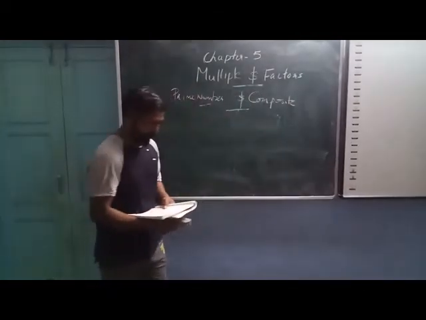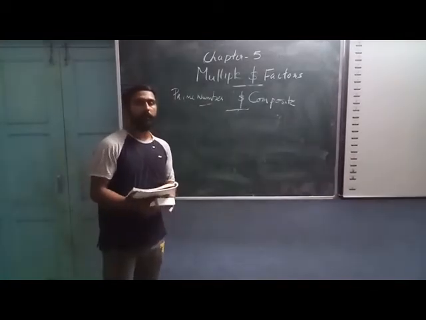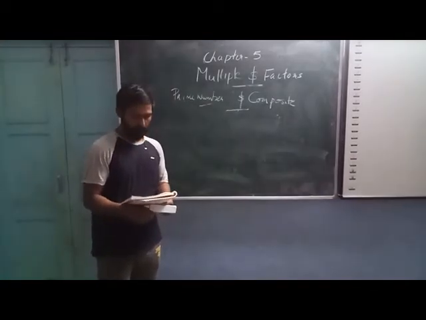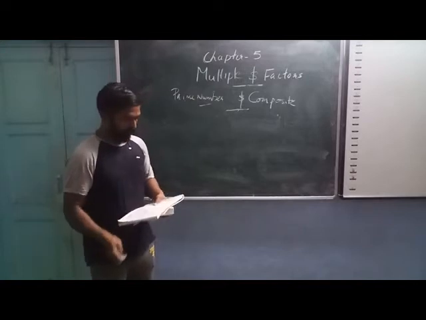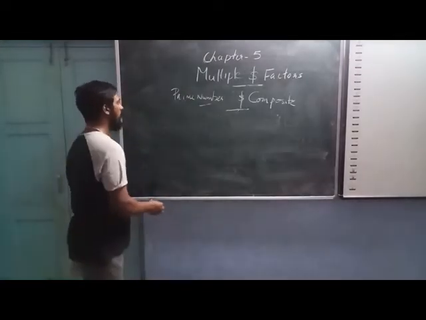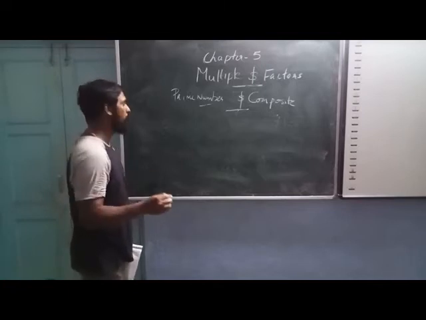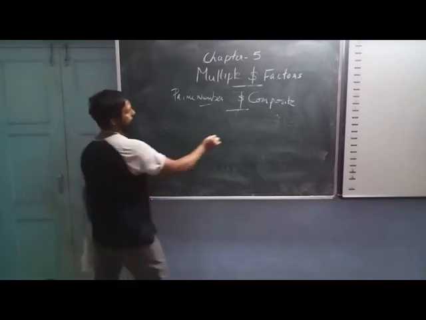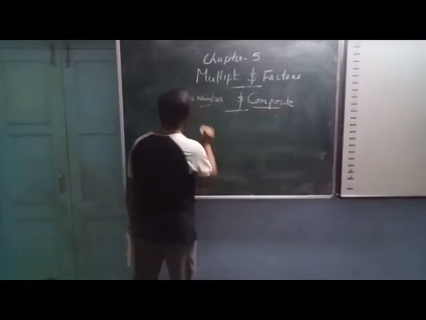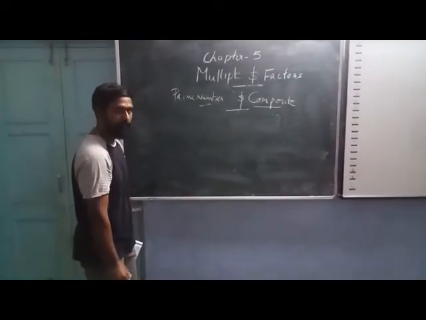A composite number is a number that is not a prime. At least, it has one or more factors other than the number itself and 1. So what is a composite number? A composite number is not a prime number. What is the specialty?